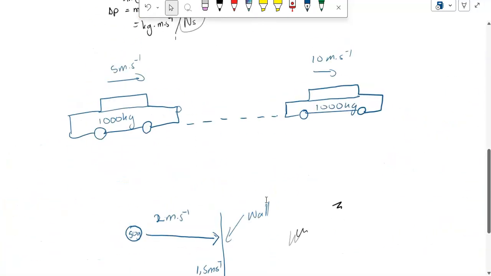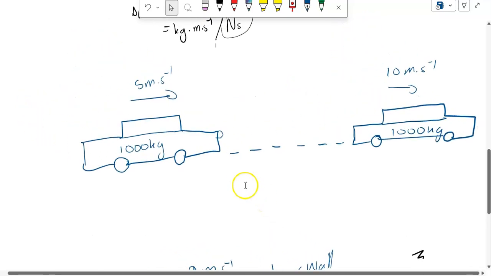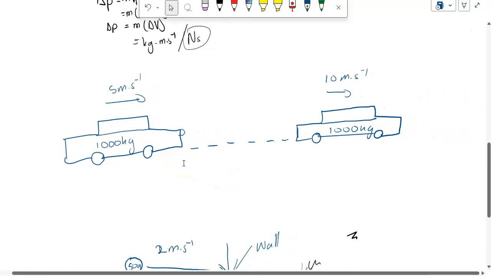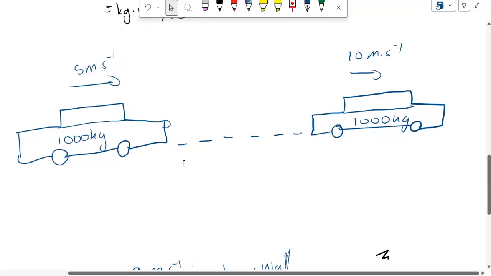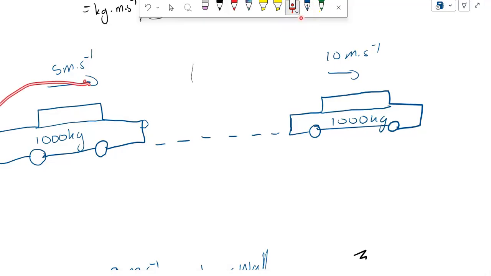In this particular case, we have a car. Let me try to zoom in a bit. Right, yeah. So we have a car. This particular car is moving in the east direction, or we can say it is moving towards the right.